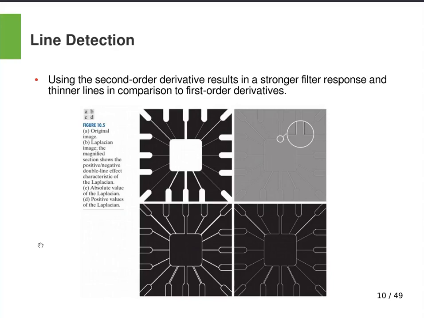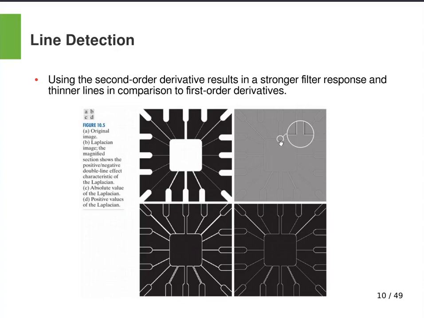So let's just take a look at one example. On top left we have the original image in which we want to detect lines. What we do is calculate the Laplacian of the image, by applying any of the kernels that we used before for calculating the Laplacian.